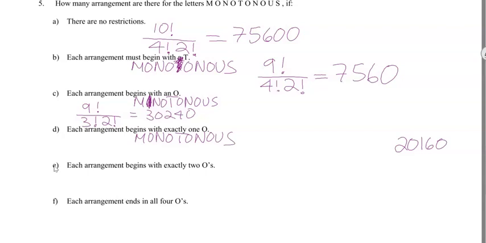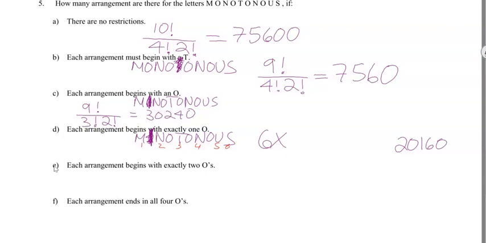So it begins with exactly 1 O, so we'll take the O out. And now there are 1, 2, 3, 4, 5, 6 letters left to choose from for the next letter, so that it is not an O. So that's any one of those letters.